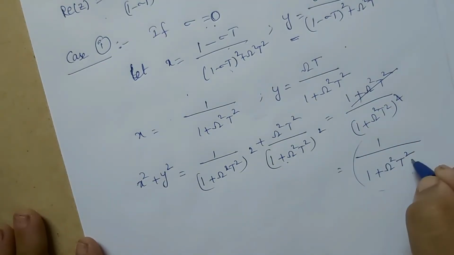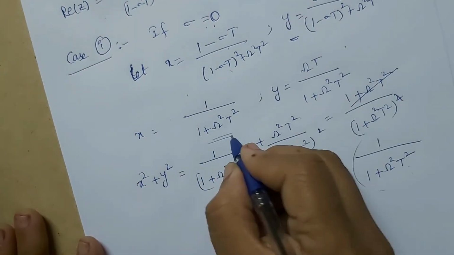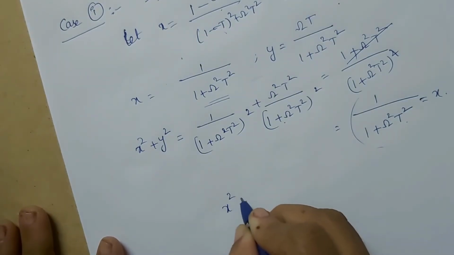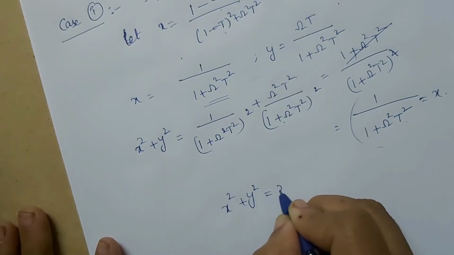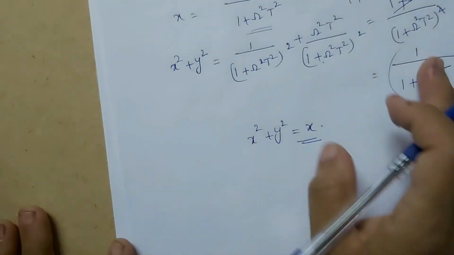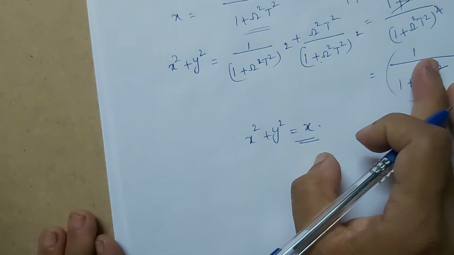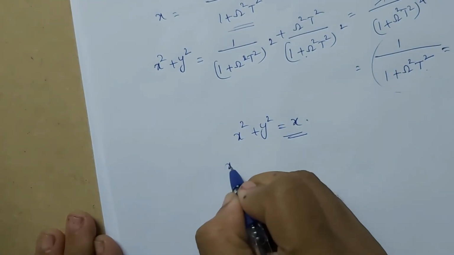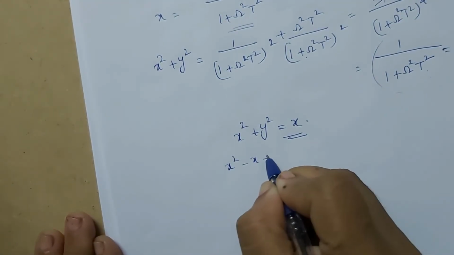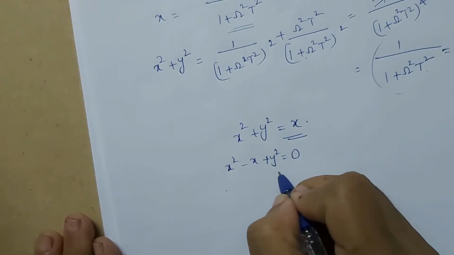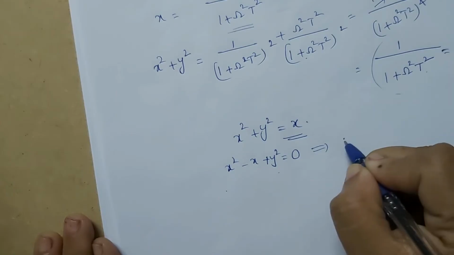So what is this value? This value is nothing but x, right? So x square plus y square is equal to x. This is what we have got now. What is x square plus y square is equal to x? This is nothing but a quadratic expression in x and y, and this is the equation of a circle.